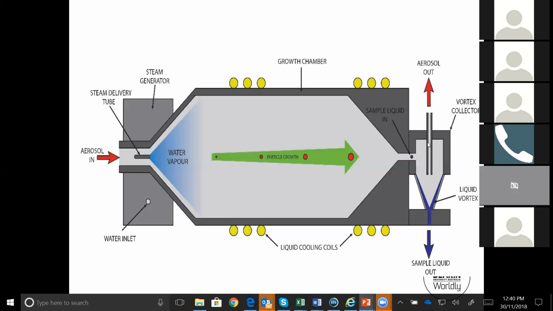These incoming particles are being caught in this vortex and being collected with a high efficiency in this flowing solution of ROS probe in dimethyl sulfoxide, and we designed this collector to be resistant towards the DMSO. The reason why we use the DMSO is that our probe is soluble in the DMSO, and DMSO is also a very important part of the chemistry of the detection of ROSs.